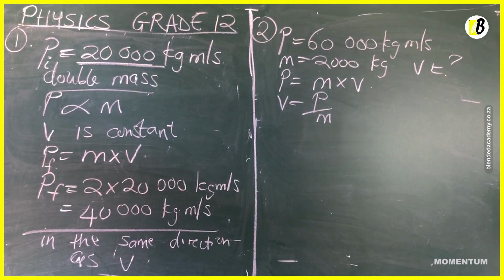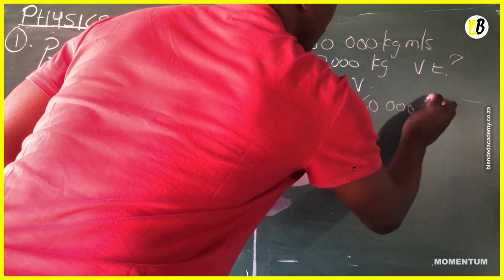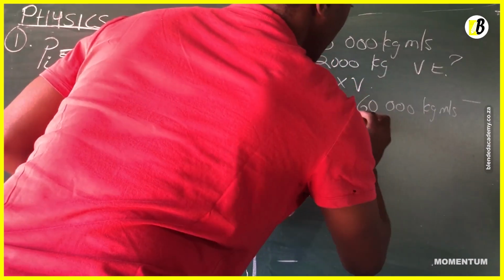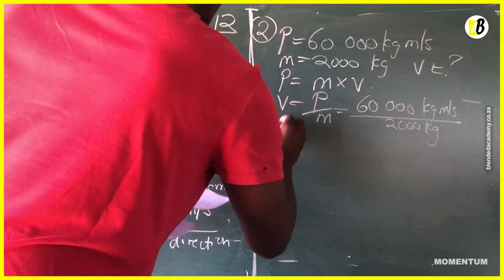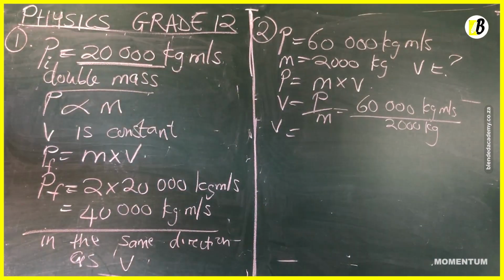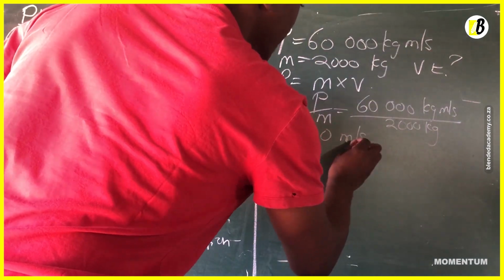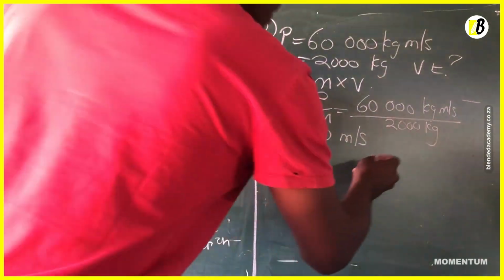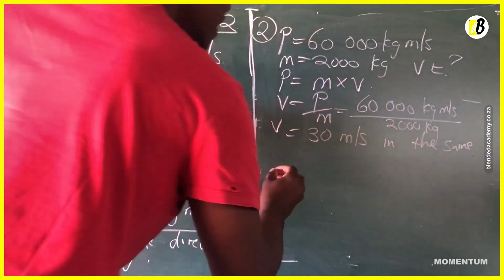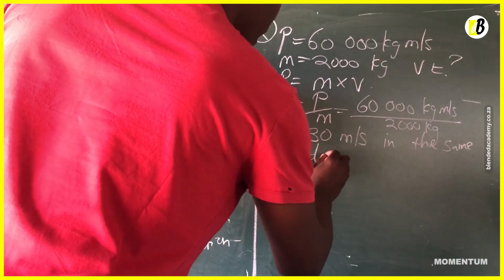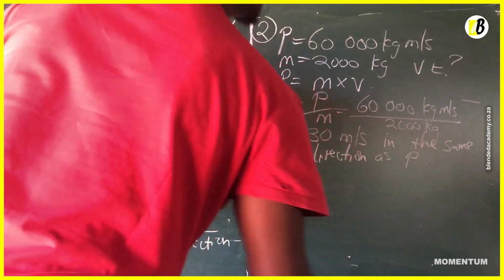And then from there, we're going to have the momentum, which is 60,000 kilograms meter per second, divided by the 2,000 kilograms, which is our mass. We're going to get 30 meters per second, in the same direction as the momentum. You need to remember that velocity is also a vector quantity, so it's in the same direction as the momentum that's given there.